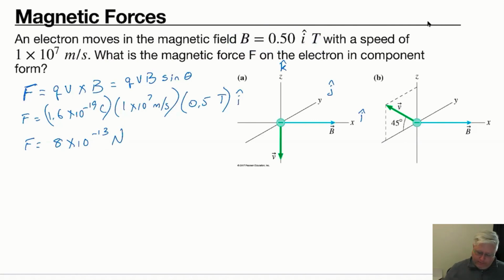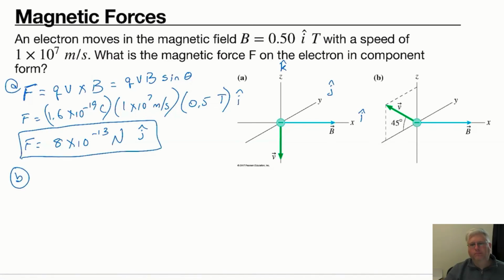So if the magnetic field is in the I hat and the velocity is in the K hat, and we know that the force has to be perpendicular to those, which hat are we going to use? Yes, J hat. It's along the Y direction, so it's along the Y axis. So in component form, this is J hat.